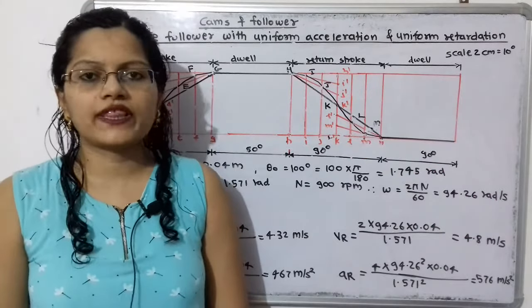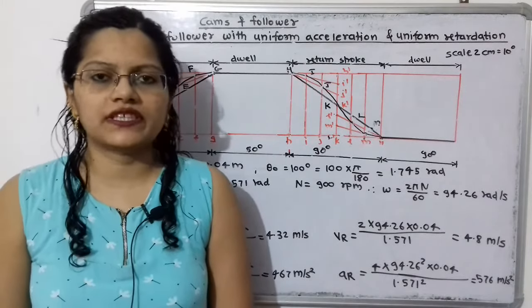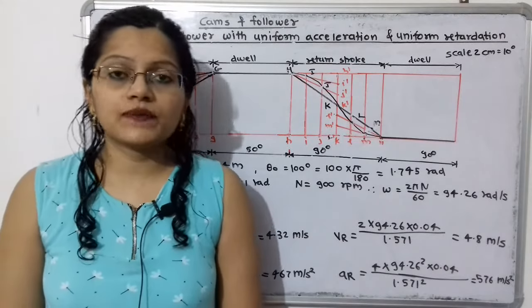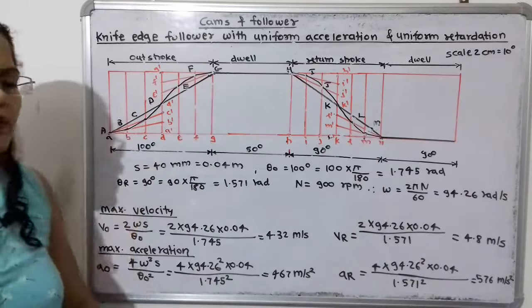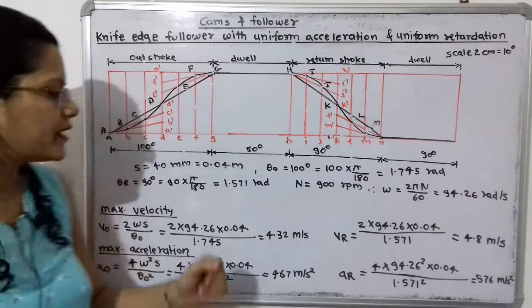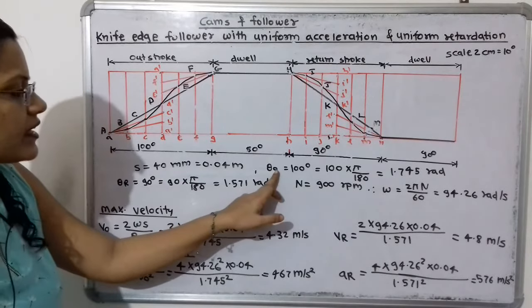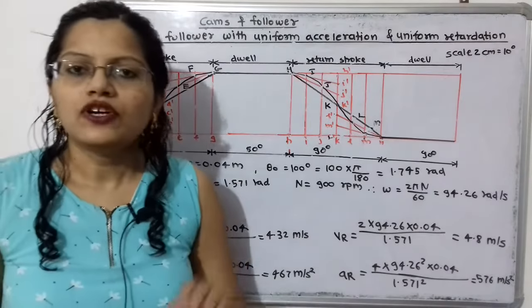Now we will move to the calculation part. Here we have to calculate the maximum velocity and maximum acceleration. For that we will first observe the given data. The stroke is given as 40 mm, so we have to convert it into meters, that is 0.04 meter. Then the angular displacement at outstroke, theta O, is equal to 100 degrees.